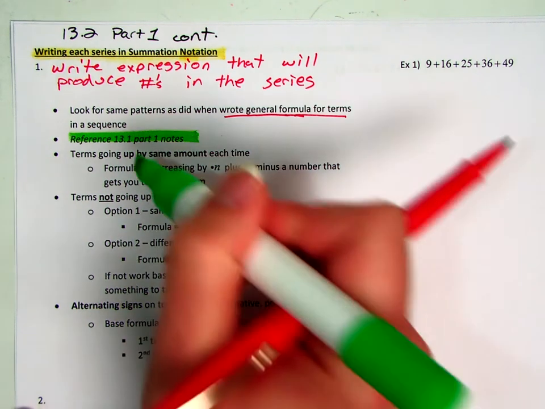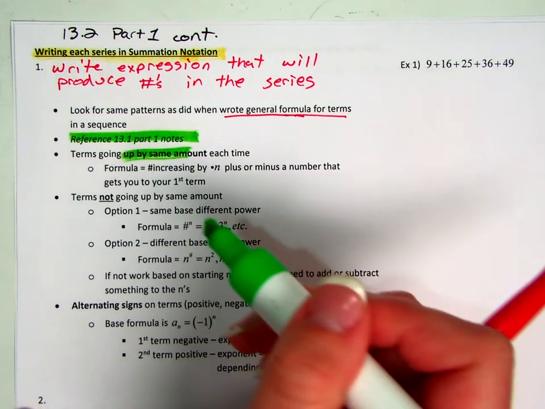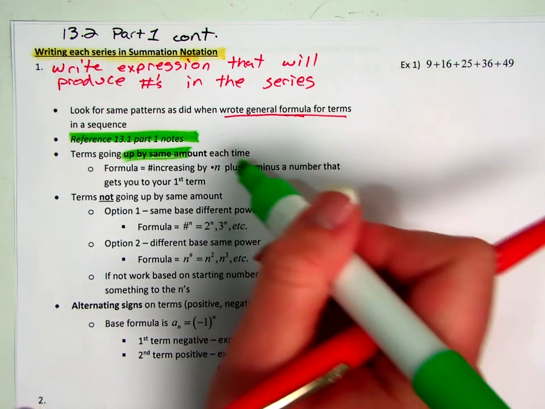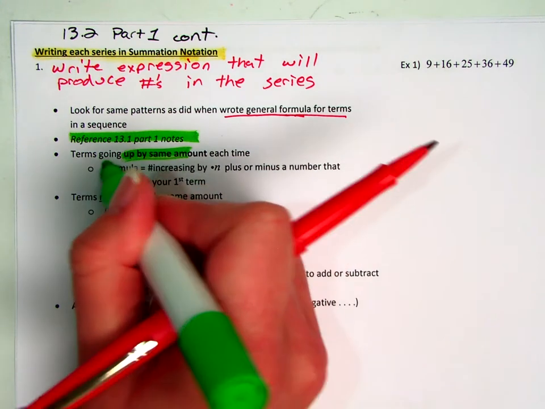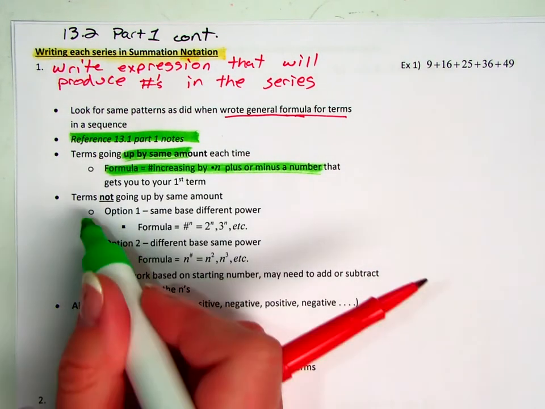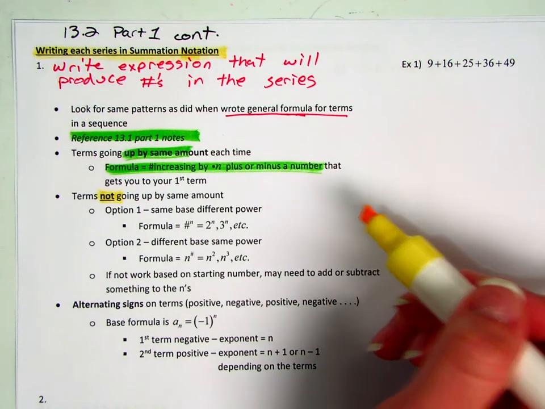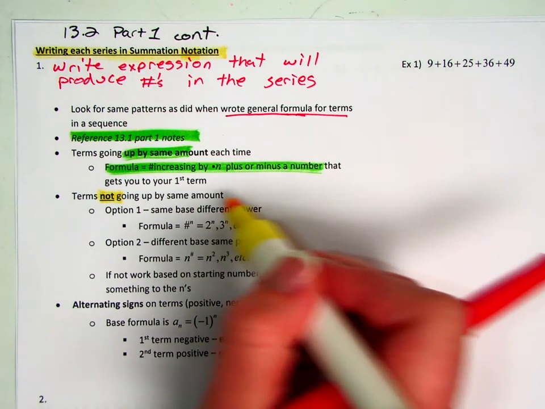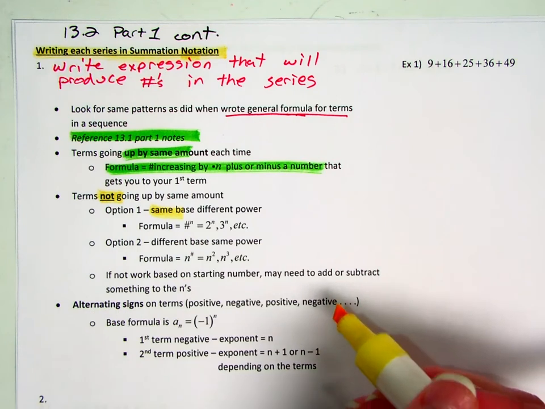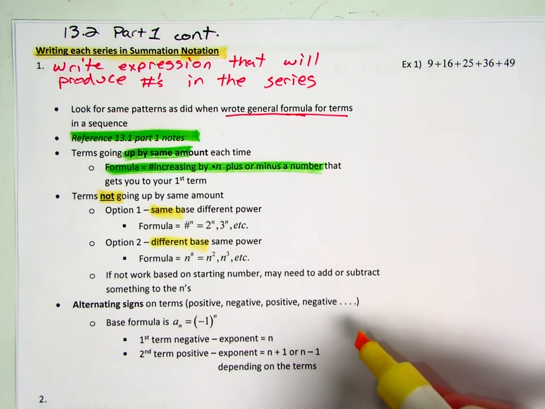Remember that we were looking for, does it go up by the same amount? If it does, then we have our general formula here. If it's not going up by the same amount, then we need to look at exponents and think, is it going to have the same base to a different power or a different base to the same power?